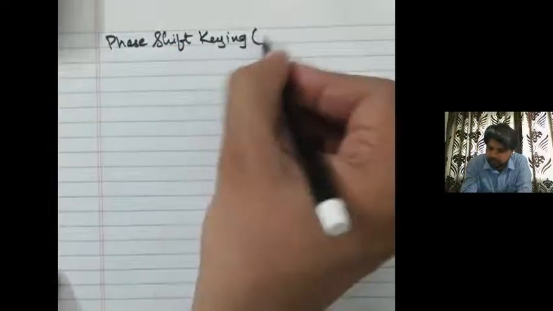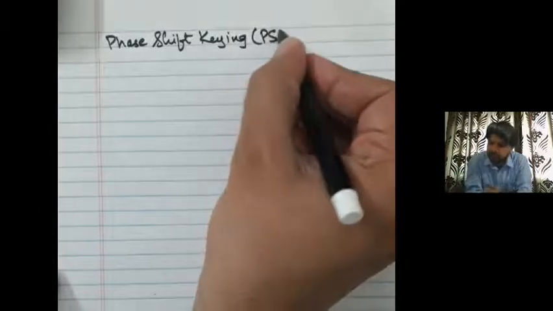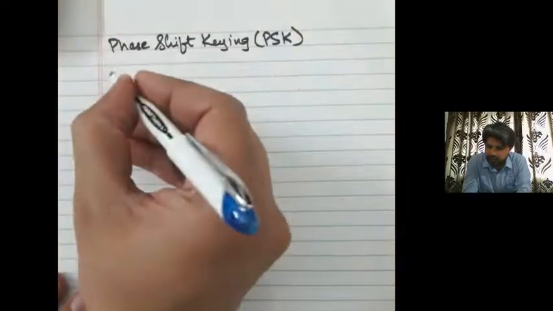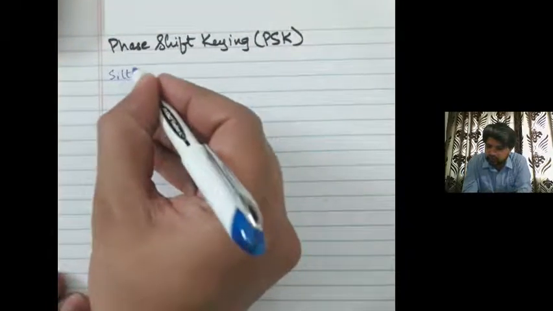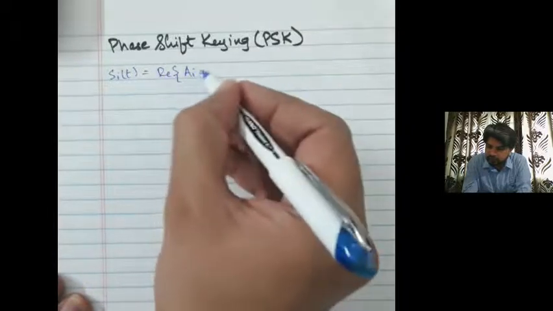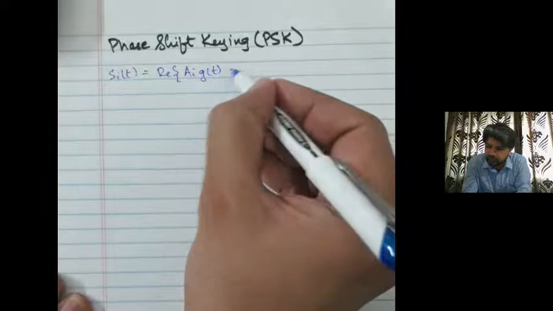PSK. So we said that for PSK, our s_i(t), which by the way is written as the real part of A_i g(t), where g(t) is your pulse shape, e to the power j 2 pi fc t.